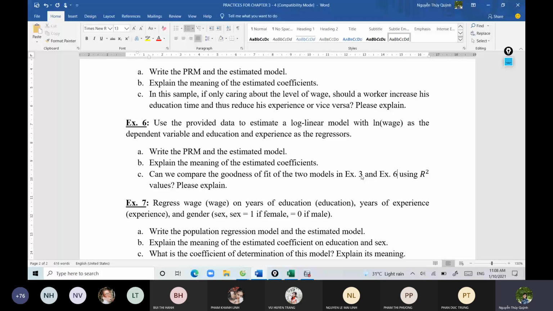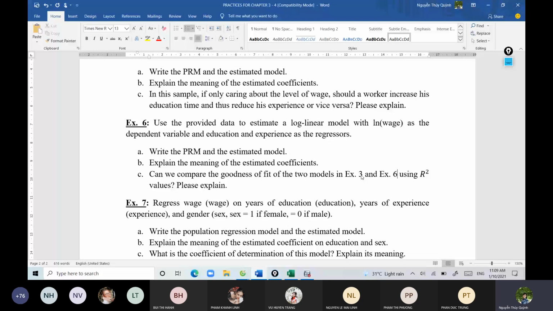And of course, in this case we do not have the same dependent variable in the two models, so obviously we cannot use R-square here. All right, that is exercise 6. Now we have still one more.